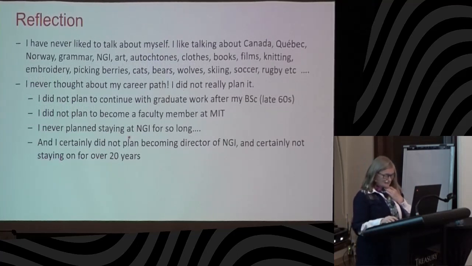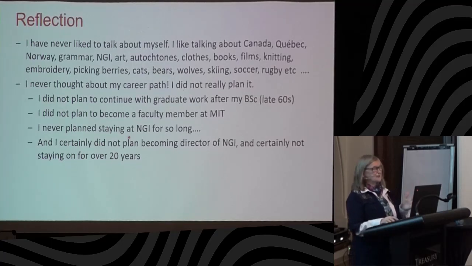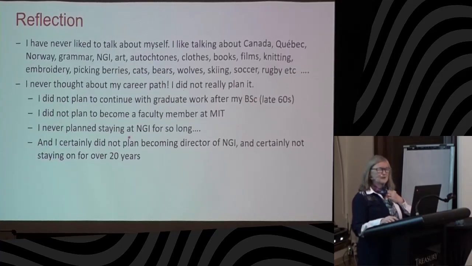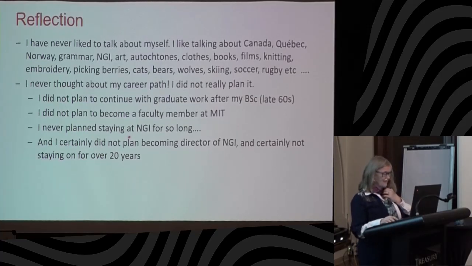I don't like to talk about myself. I like talking about Canada, Quebec, Norway. I love Australia, grammar. I did my bachelor's degree in literature first because my father wasn't sure that I was strong enough to be a civil engineer. I like to talk about NGI, our autochthones. These are the original Indians.